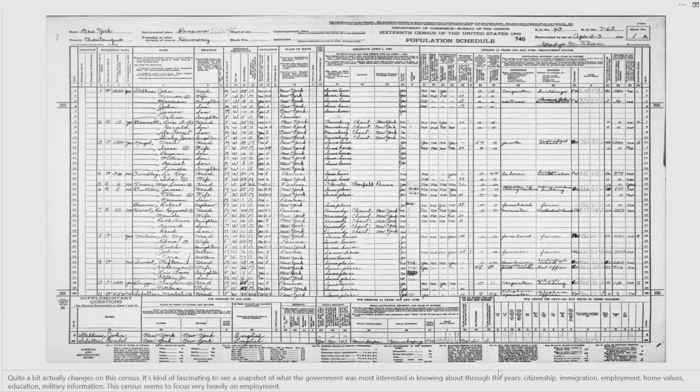We won't really do that until after World War II. So they're trying to get information on how many people have moved, how many people have been unemployed, all that stuff. And looking again, not just at your target family, but at the greater community as a whole can paint a really good picture for you of what was going on in their lives at the time.